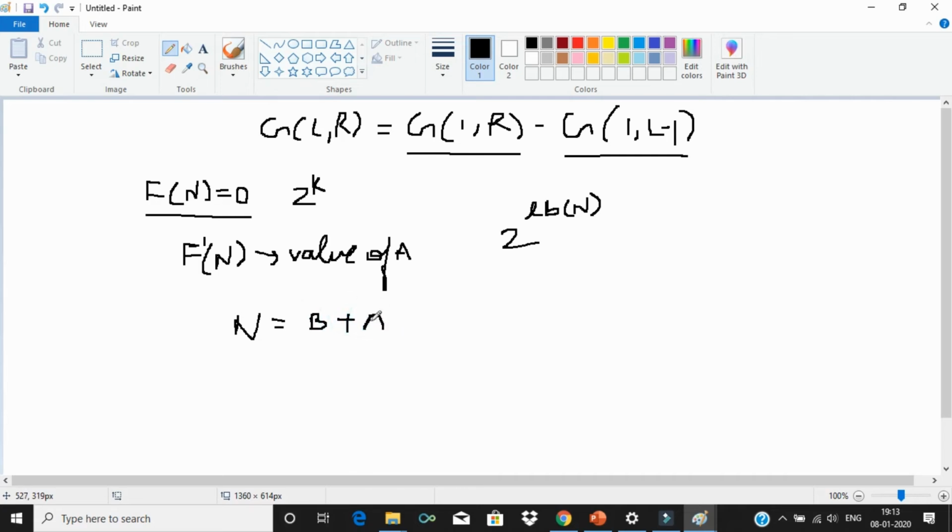Because b and a are not going to have any common set bit between them, so simply we can sum them and get n. So b is going to be represented as n minus a.